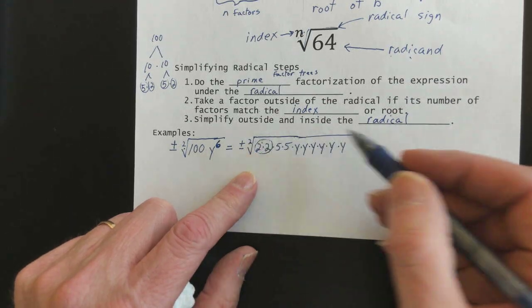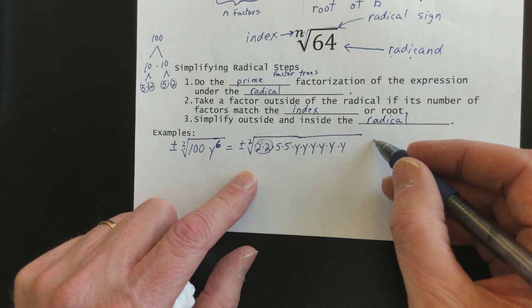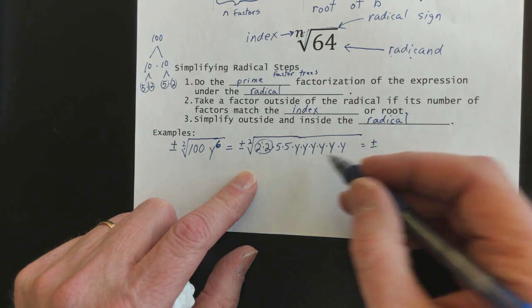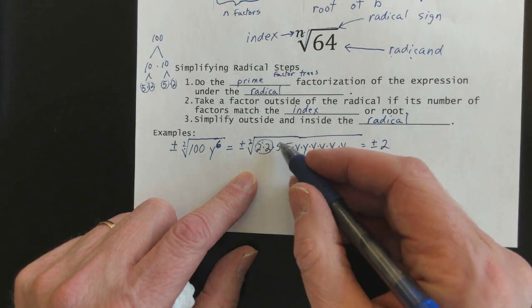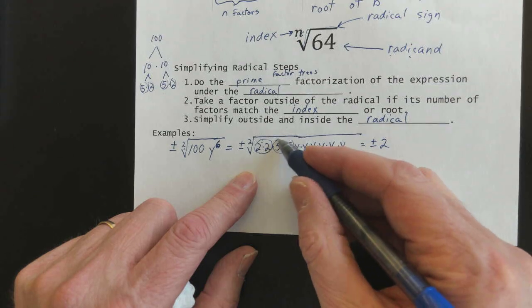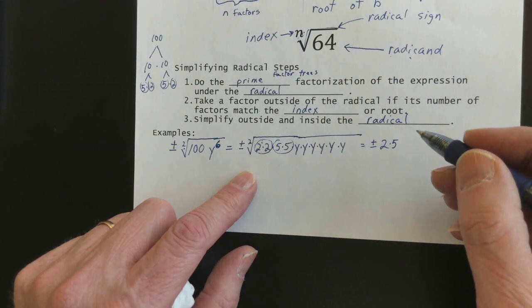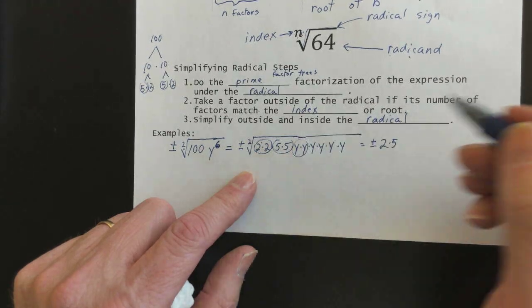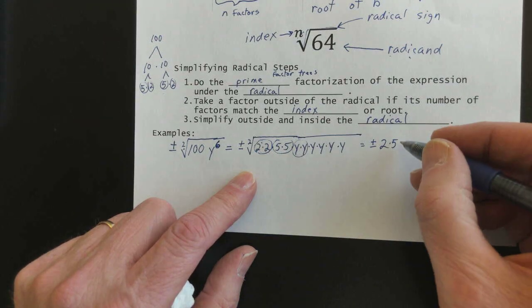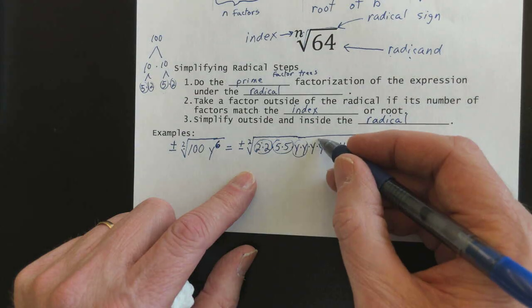I have 2 2's. So I'm going to put the plus or minus here and bring a 2 out. I have 2 5's. I'm going to bring a 5 out. Here I have a pair of y's, so I'm going to bring a y out.